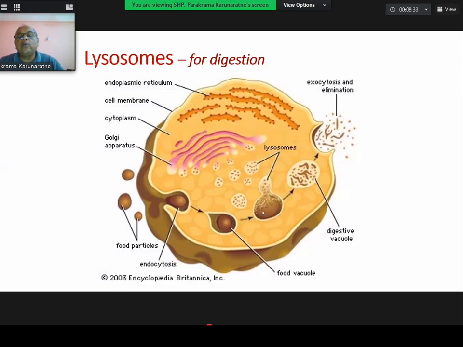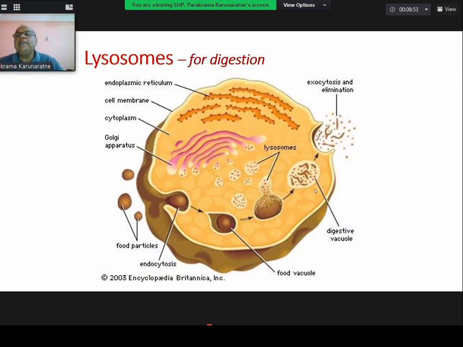So these vacuoles come, and lysosomes go and attach to them. They release the digestive enzymes into the food vacuole. Then the food is digested and the digested material is absorbed.